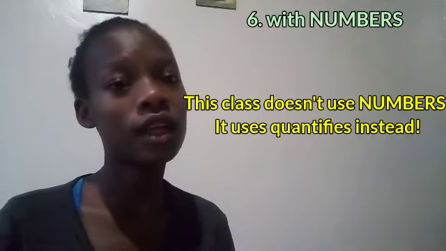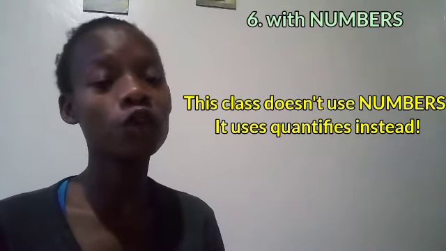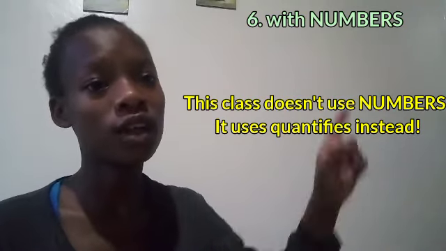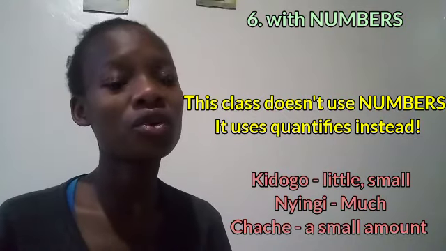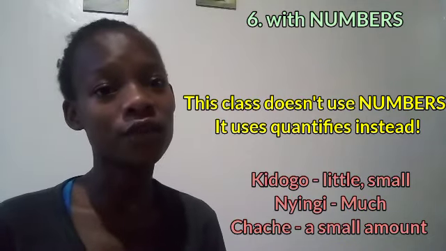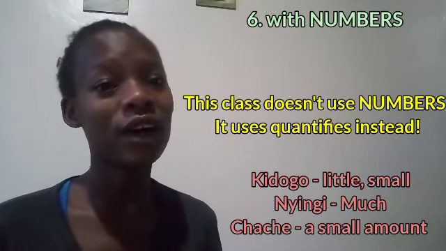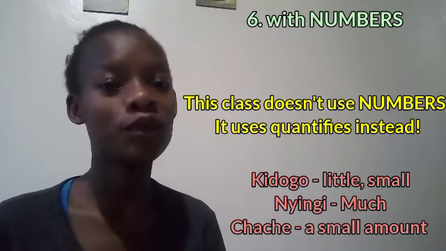With numbers, actually this noun class doesn't use numbers, so it uses quantifiers. If you want to know more quantifiers in Swahili, go check the video here. Apart from kidogo, nyingi, chache, we have other quantifiers that are used in our daily lives, and you should know them if you want to improve your Swahili.